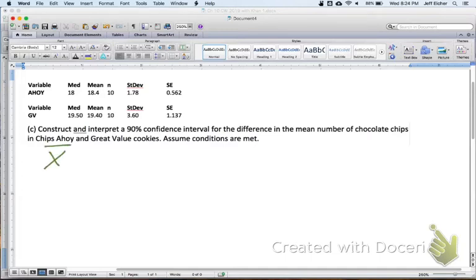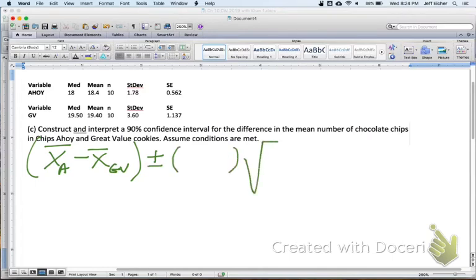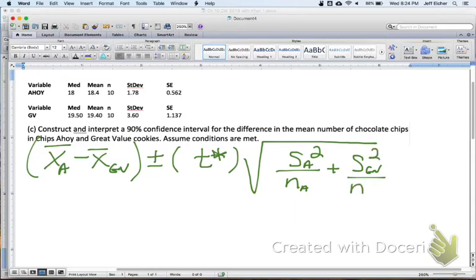The difference in sample means, that's our point estimate, plus or minus t star times the square root of the standard deviation of Ahoy squared over the sample size of Ahoy, plus the standard deviation of Great Value squared over the sample size of Great Value.